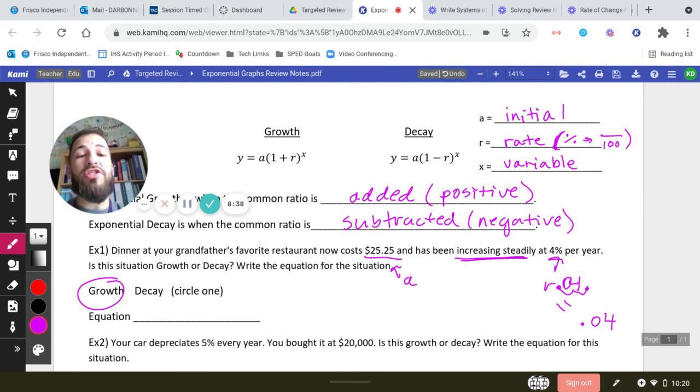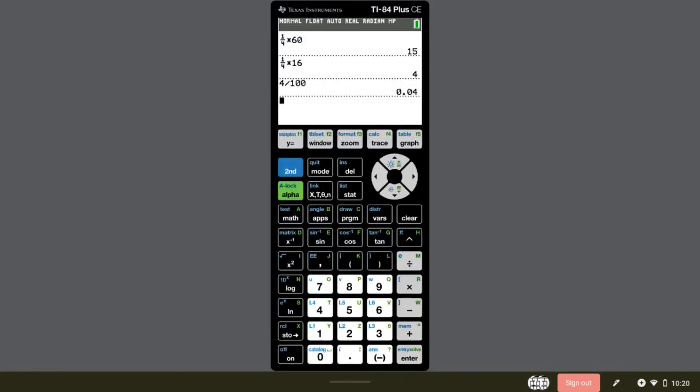Okay. So our initial is 25.25. Our R value is 0.04. So our equation is y is equal to 25.25, parentheses 1 minus 0.04, and then raised to the x. And we can leave it as that. That is okay. Sometimes, though, on an exam, you might see it simplified. So in your calculator, you can just do that 1 minus 0.04, which gives us 0.96.